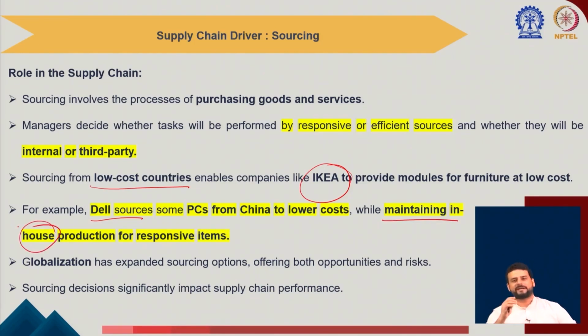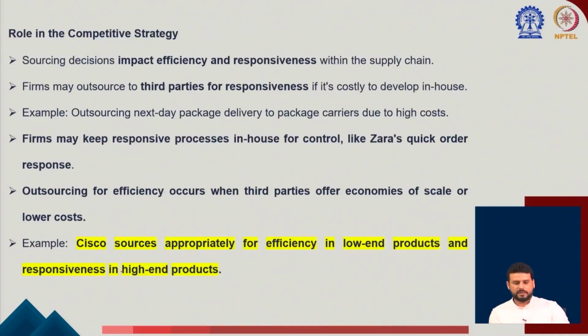They also interact directly with the customer, recording their configuration and then providing the product. So on one end they are implementing responsiveness, and on the other end of the supply chain they are getting cheaper products, sourcing from China. Globalization obviously has given opportunities to customers as well as manufacturers, right? So in that way you need to make the decision.